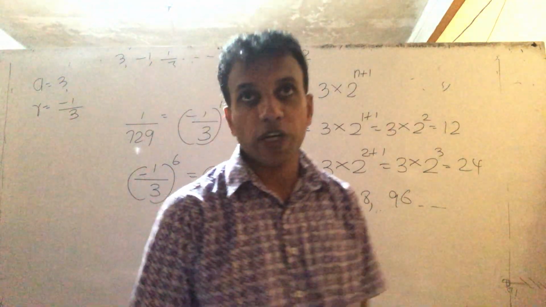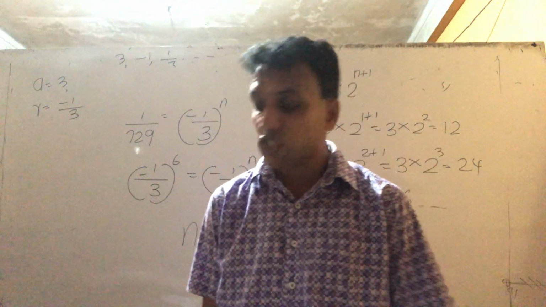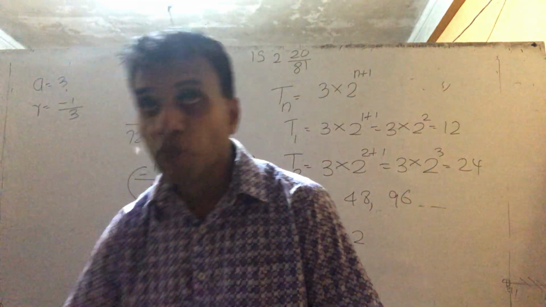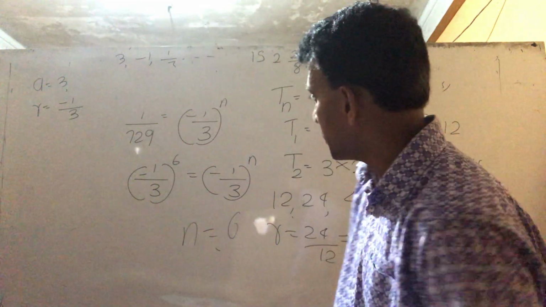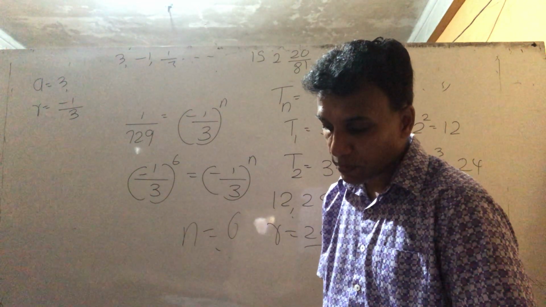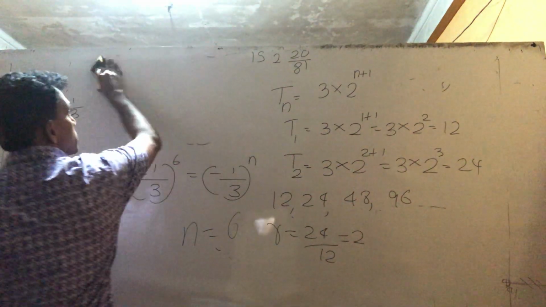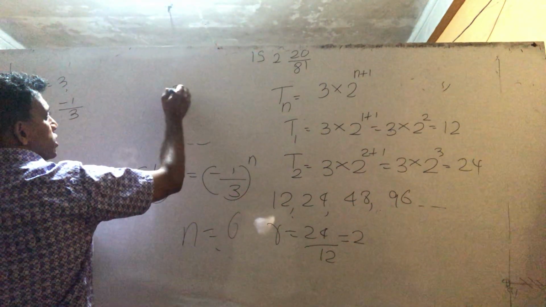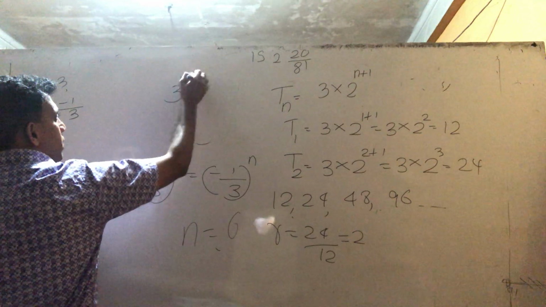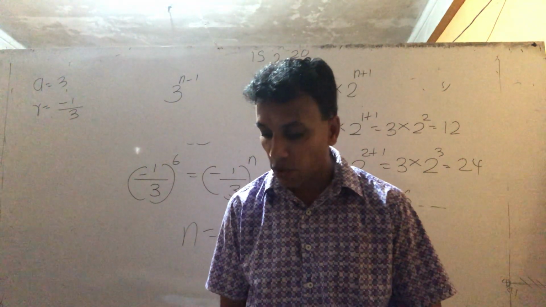Okay, we'll see another question. Write this. The sum of n terms of a GP is 3 to the power n minus 1.